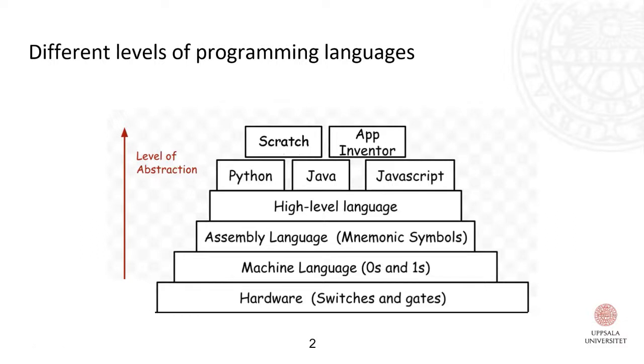In this level, we are still very close to the architecture of the computer, to how the computer is built, how the memory is, how the processor is working, and so on. But we don't have purely numbers. There are some names that are associated to the instructions, and we have variable names that we can use.